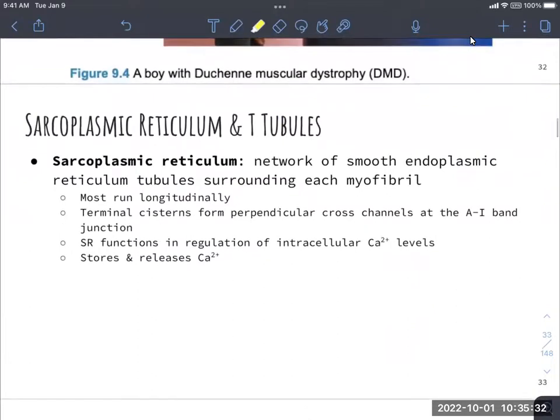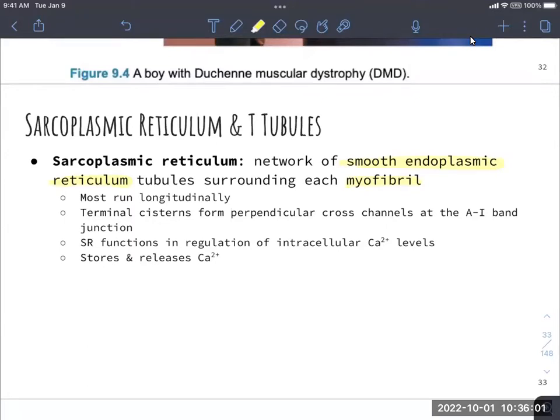So what is that sarcoplasmic reticulum? Again, that sarcoplasmic reticulum is that smooth endoplasmic reticulum, and it surrounds every myofibril. It runs longitudinally, so it runs along the length of that muscle cell.